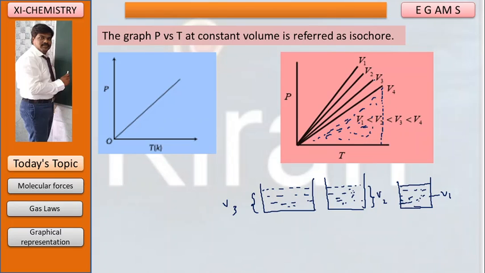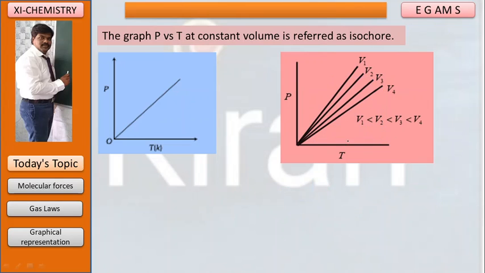When volume increases, what will happen to pressure? Volume and pressure are always inversely proportional to each other. So when volume increases, pressure decreases. When temperature increases, pressure increases. So at this particular temperature, this is the pressure.